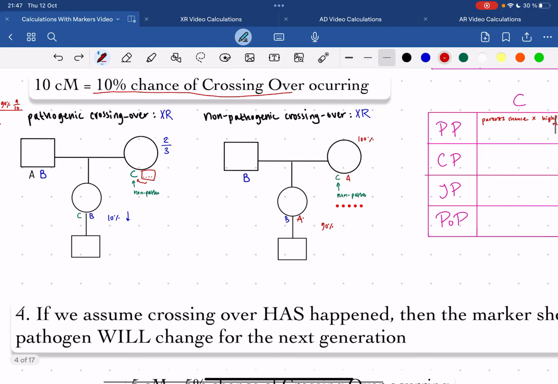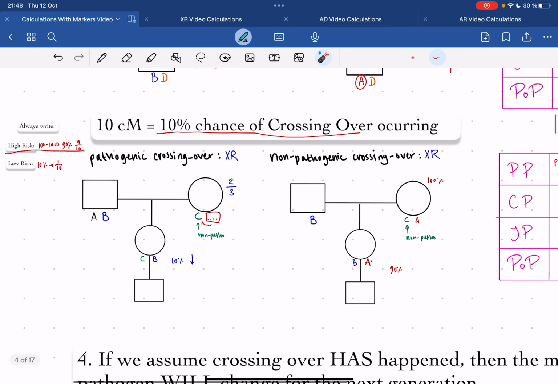So we have to take the parent's probability times the high or low risk, and for us we know it's 10%. So 2/3 times 1/10, because the mother here has 2/3 probability to be carrying a pathological allele, and the daughter here has 10% chance that her B or her C is actually the potential pathological allele in disguise.